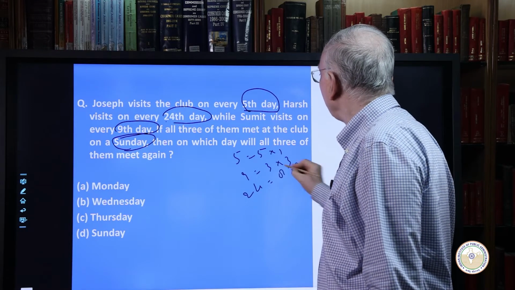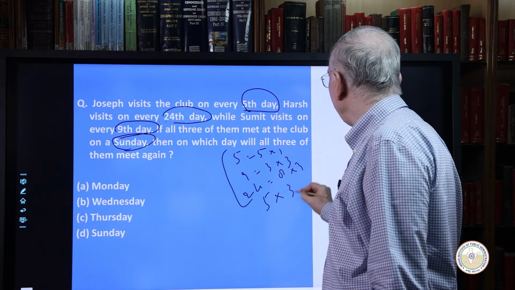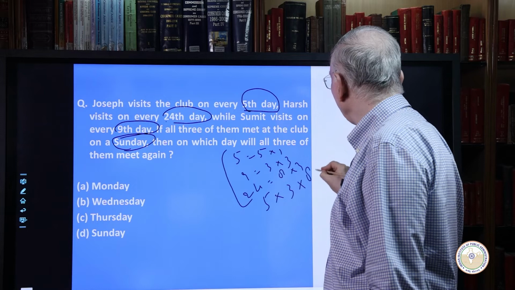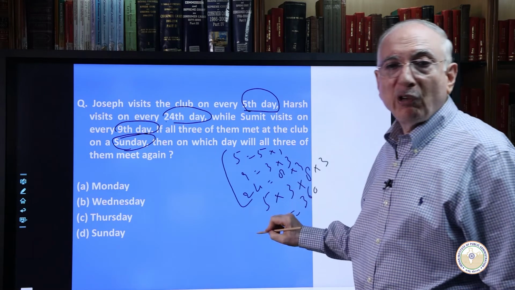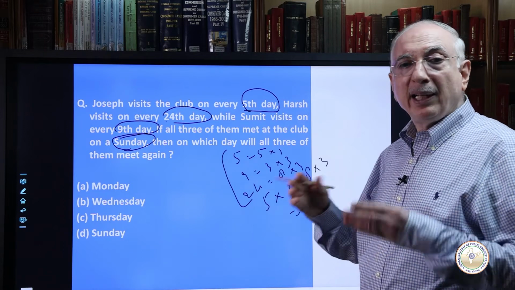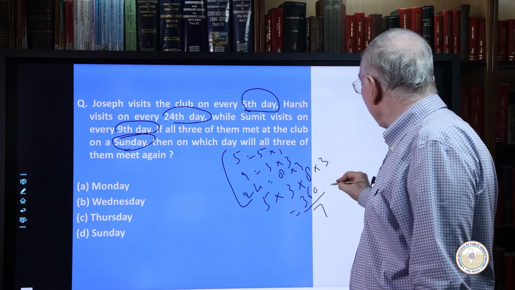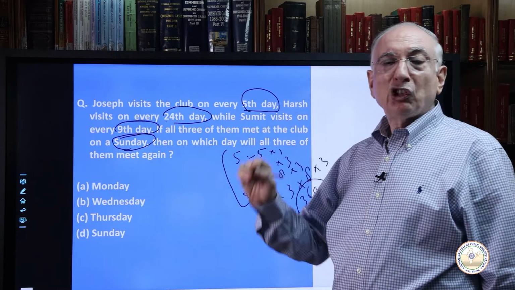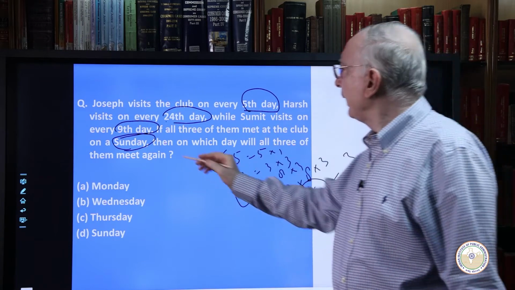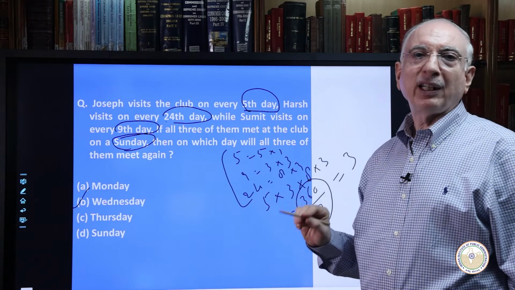So LCM of these numbers will be 5 into 3 into 8 into 3. That will be 360 days. Now we have to divide this number by the number of days in a week. So if we divide by 7, we have to see the remainder, which will be 3. They will meet 3 days after Sunday, that means on Wednesday. B is the correct option.